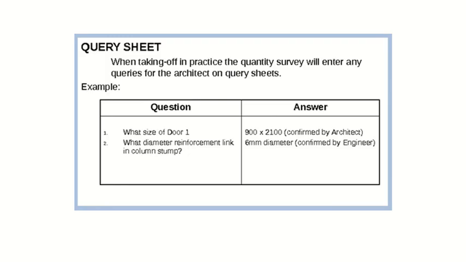Why do I keep putting names and designations everywhere in my drawing, in my specification, in my plan, in my BOQ? You will always see this. Why? Because of responsibility. Responsibility is the main thing here. For example: what is the size of door 1? It was missing. What diameter reinforcement ring in column stirrups? That is given here. And who gave it? You can see there are two different people.